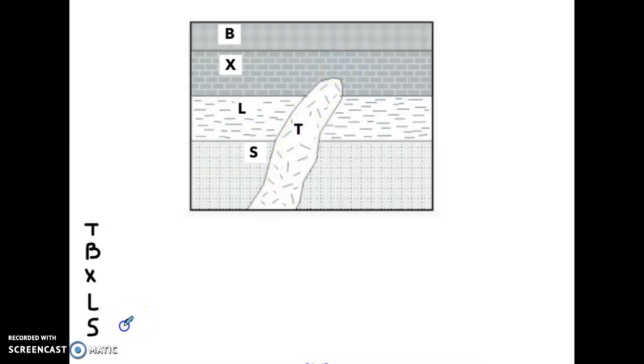You could have also done S, then L, then X, then you could have said T, and finally B. So either one of those would be acceptable, because we're not really sure if this is still in the process of intruding upward, or if it did and then all of a sudden B was laid down. So that's kind of up to you.